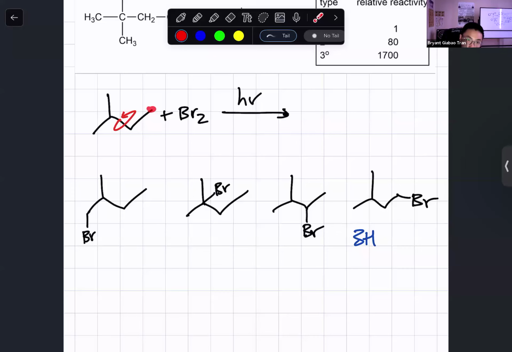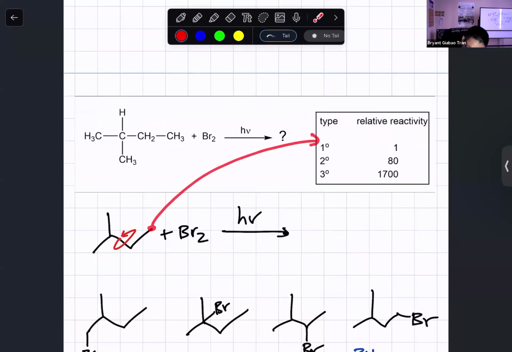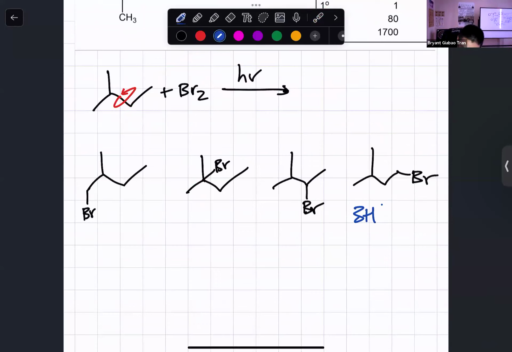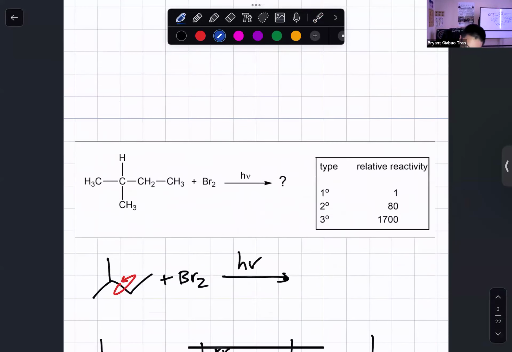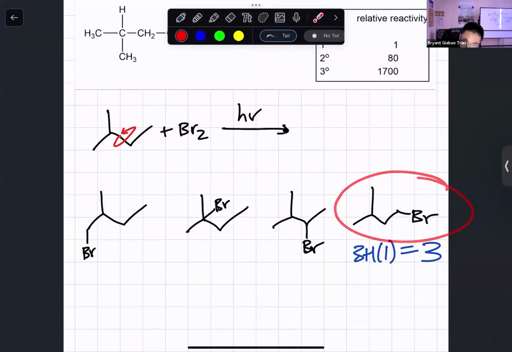Primary, secondary, or tertiary carbon? Primary. Yeah, primary. So then you look at the type of carbon, which is primary, and then look at the relative reactivity, which is 1, right? So you use that to multiply it with the amount of hydrogens you could have used to make this product, right? So 3 times 1 is 3. That's the relative abundance that can make this product right here.